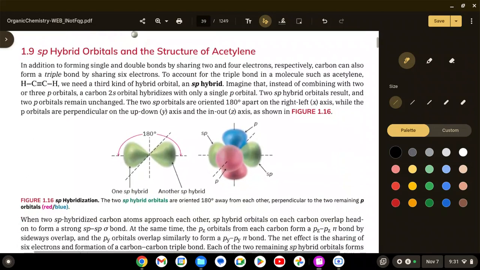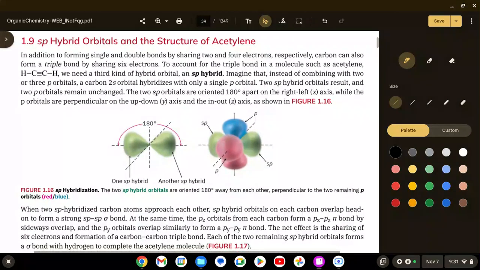Okay. 1.9, sp hybrid orbitals in the structure of acetylene. In addition to forming single and double bonds by sharing 2 and 4 electrons, respectively, carbon can also form a triple bond by sharing 6 electrons. To account for the triple bond in a molecule such as acetylene, HC triple bond CH, we need a third kind of hybrid orbital, an sp hybrid.